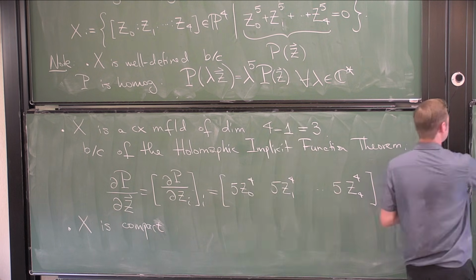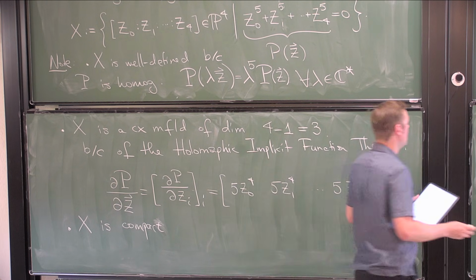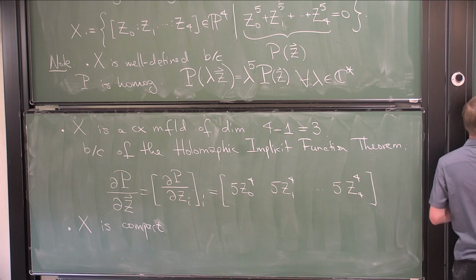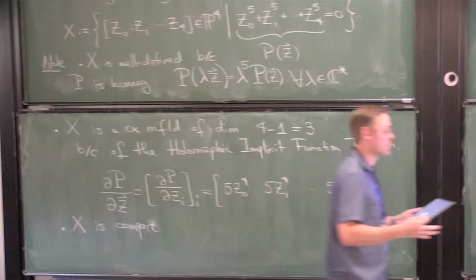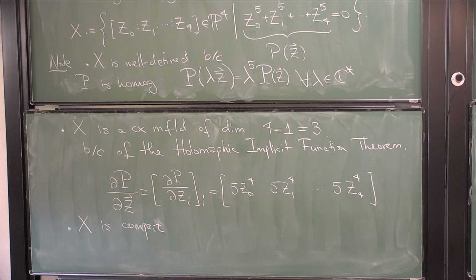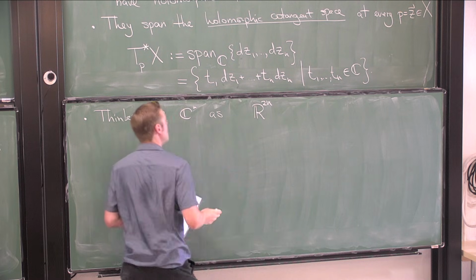Right, so as a side remark, which we will return to in a bit. If I think of C^n in terms of real differential geometry, I think of it as R^2n.